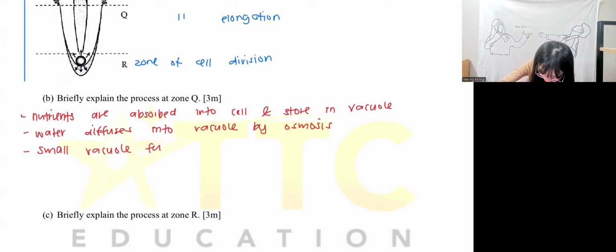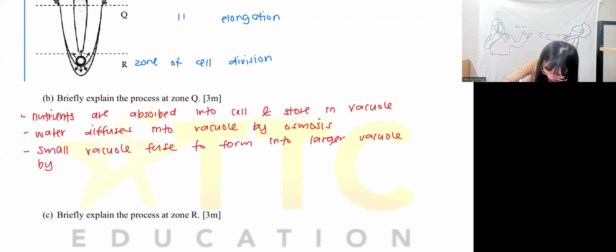Small vacuole fuse to form into larger vacuole by vacuolation.